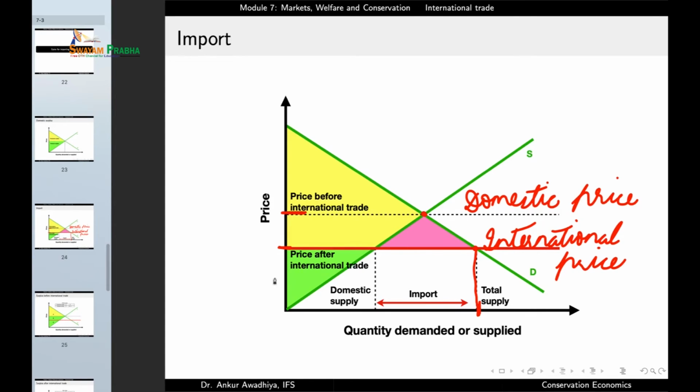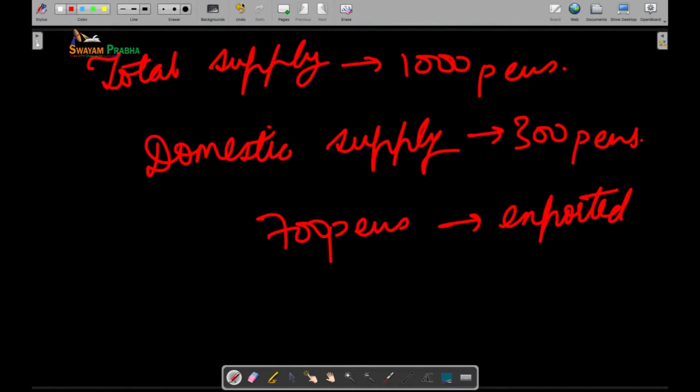Now, for the domestic producers, the supply curve was this. And the point where the supply curve is cutting the international price is telling us the domestic supply. So this is the quantity that the domestic producers are able to supply, and this is the total quantity that is being supplied in the market. What we are saying here is that the total supply is 1000 pins, as we have seen before.